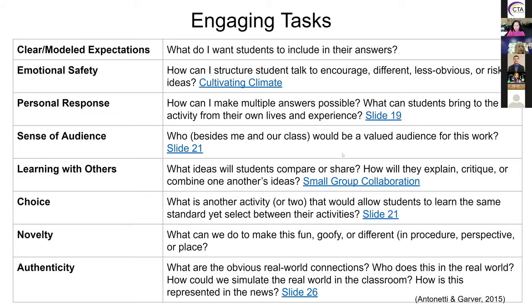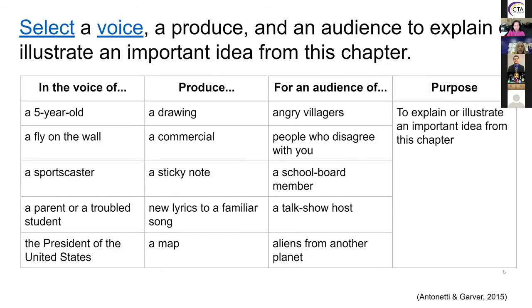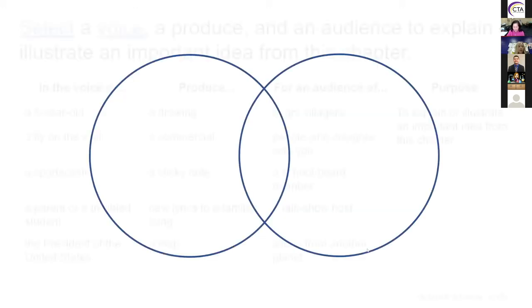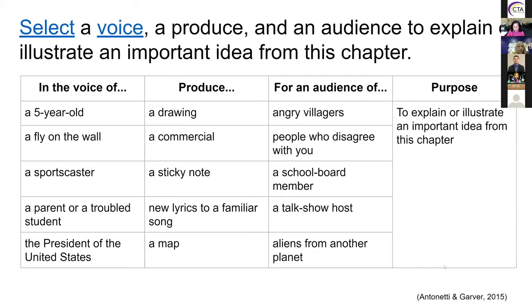And the fourth one is a sense of audience. So why are they doing this? And somebody mentioned this earlier, Jordan mentioned relevance. That is so important. Why does it matter besides the teacher wants me to do it or I'll get something in the grade book from doing this? So who's an audience for the work that we're doing? Why does it matter? You could be working on community-based projects or service-based projects.